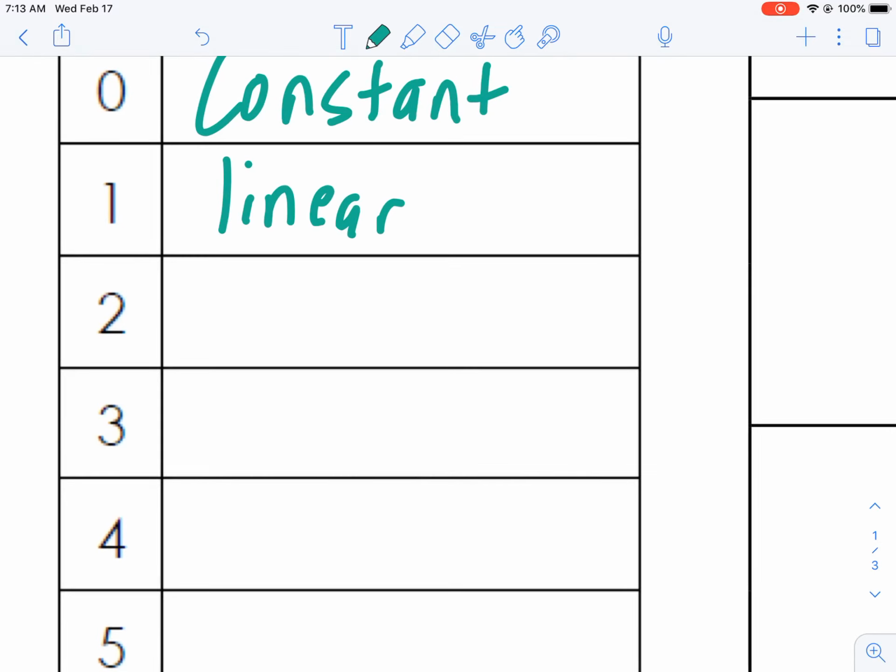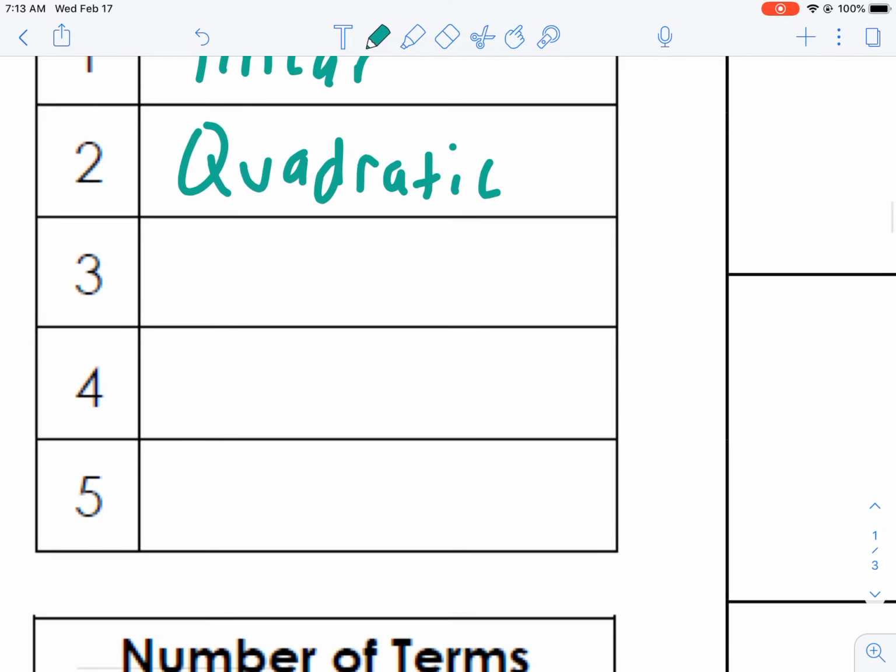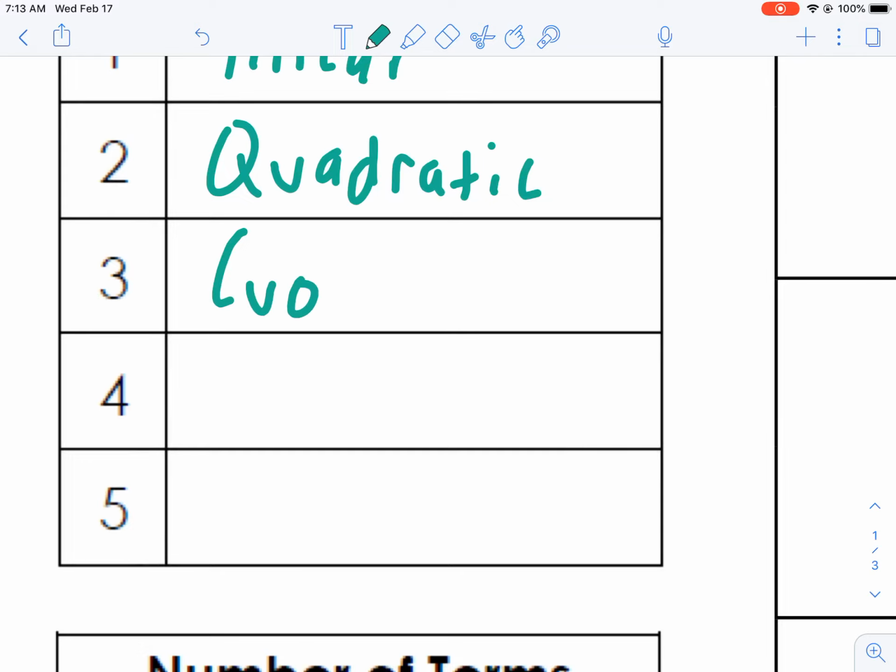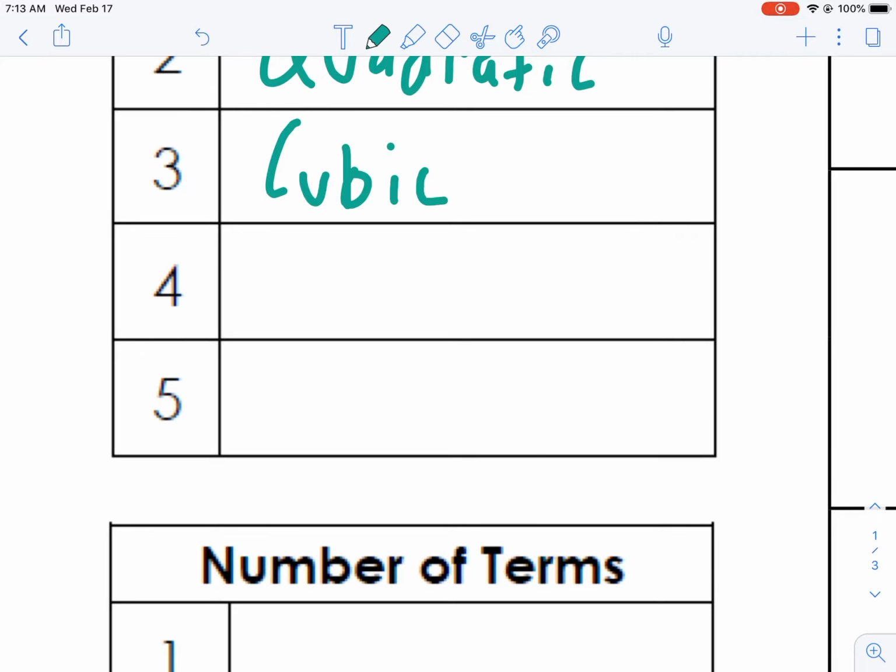A degree of 2 is a quadratic. We had our quadratics unit. A degree of 3 is a cubic, like x cubed. And at this point, it gets to the root words. 4 is quartic, like think of a quarter. There's 4 quarters in a dollar, 4 quarters in a game, 4 quarts in a gallon, so that's quartic.